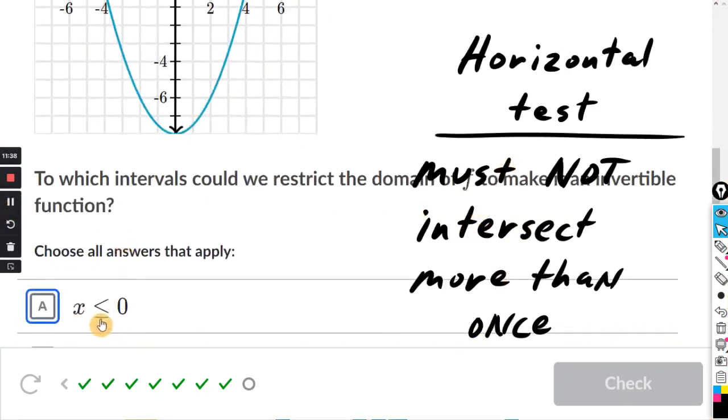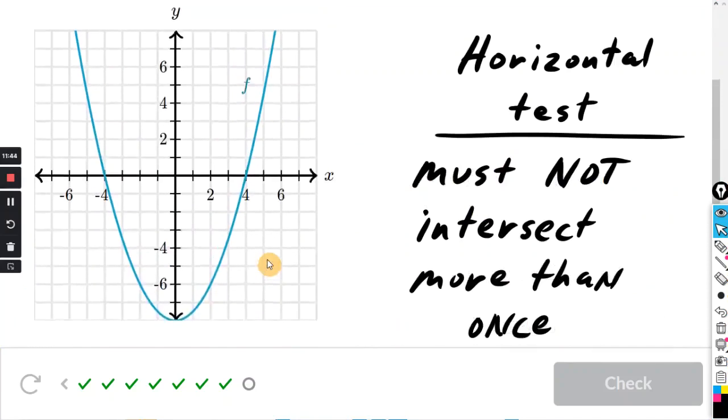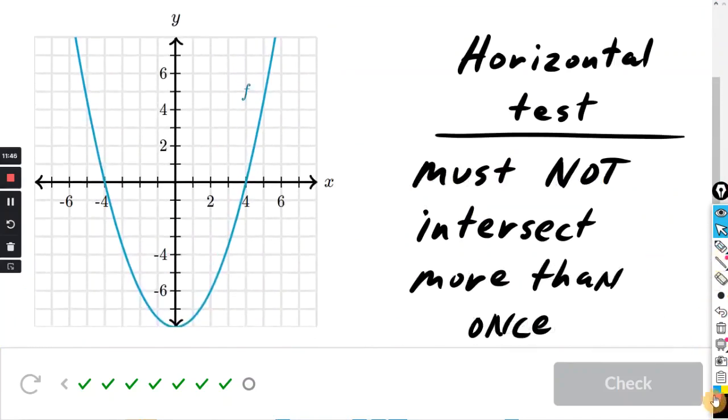X is less than or equal to 0. It has the equal sign, so it includes 0. So if we cut off the graph, here's x equals 0, this right here. And we do the test on the less than side. Everything less than or equal to 0.